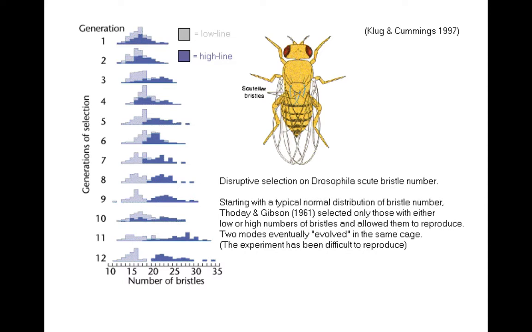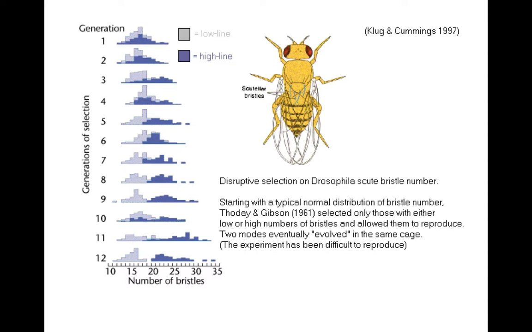We've seen in the lab disruptive selection that is really able to lead to the divergence of two populations. We do a lot of genetic research with Drosophila or fruit flies. And the reason is that they have an intergenerational span of really only about 10 days. And so we're able to breed successive generations really in a relatively short period of time.